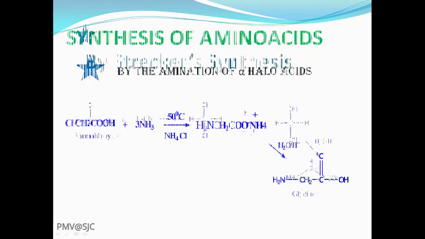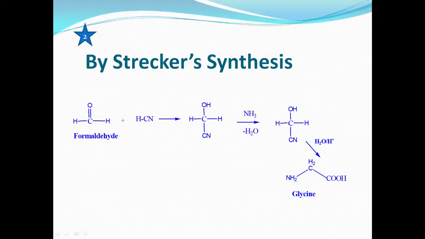This is a very popular synthesis, and all amino acids can be synthesized by this method. In this Strecker synthesis, the main components involved are that any aldehyde reacts with HCN, which involves the formation of cyanohydrin.